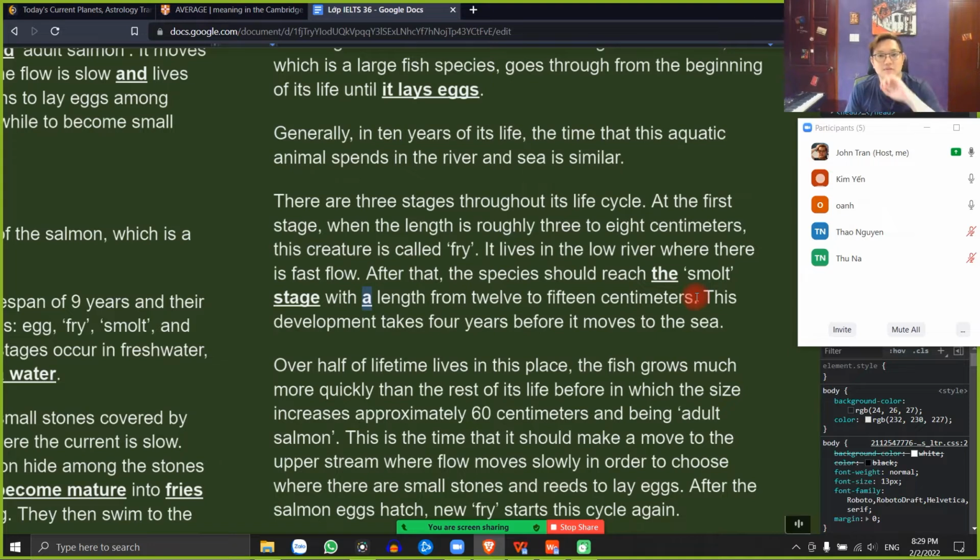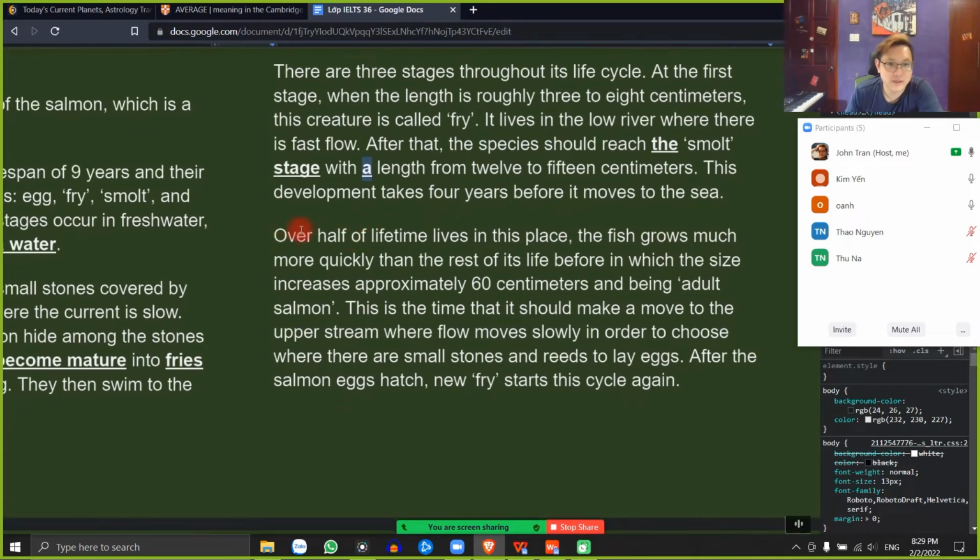This development takes 4 years before it moves to the sea. Okay, over half of lifetime lives in this place. Remember, when you have something connected with a preposition like this, then this part cannot be used as a subject.